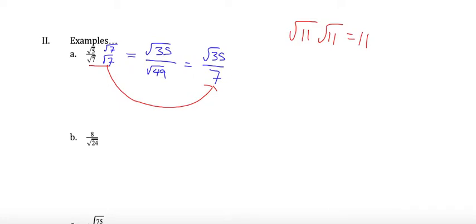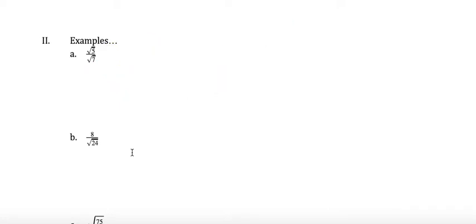Now, when you get to an example like B, we have two separate issues that we need to deal with, and you can deal with them in whatever order you wish. We have 8 over root 24. The square root of 24 is not simplified as much as it can be. We could take a perfect square out of there. And we have a root in our denominator.